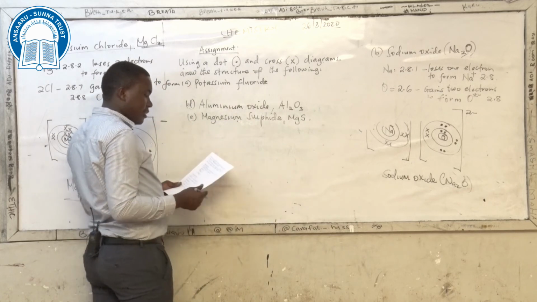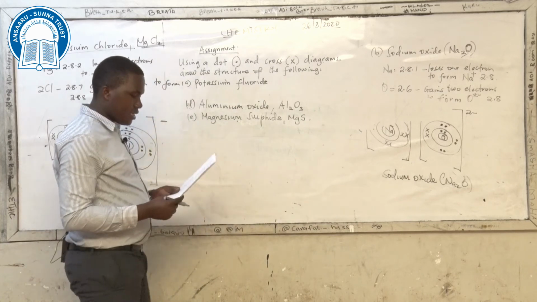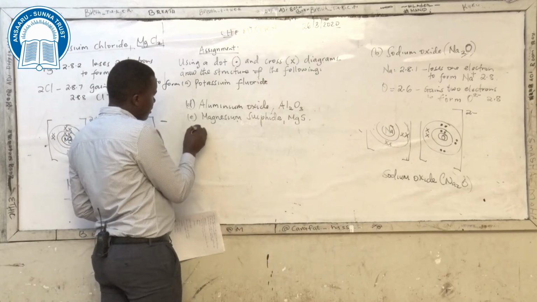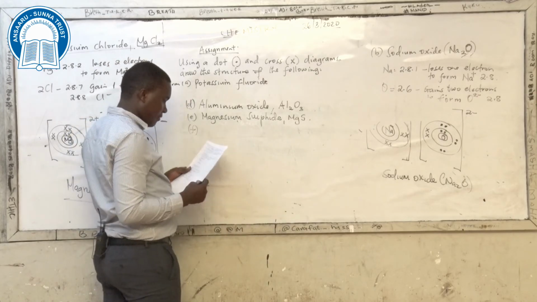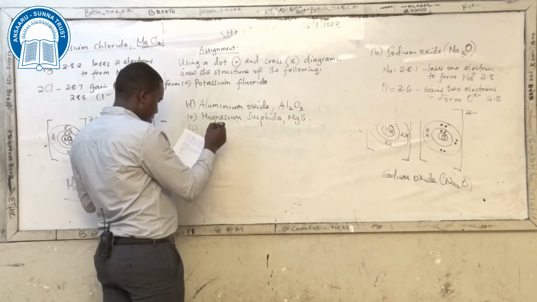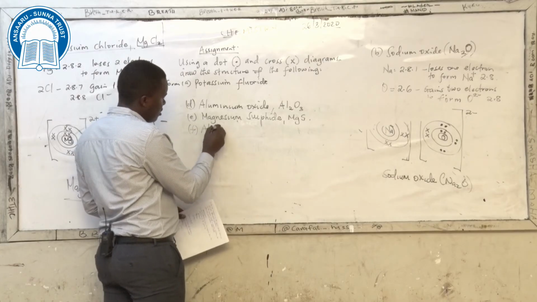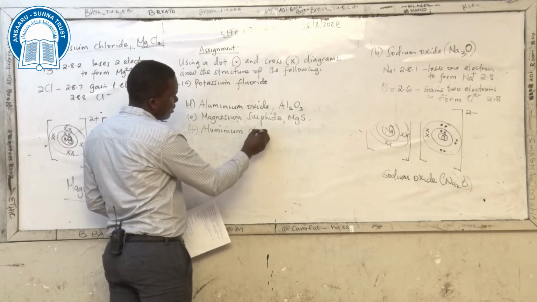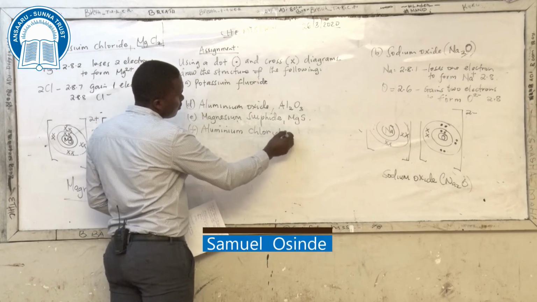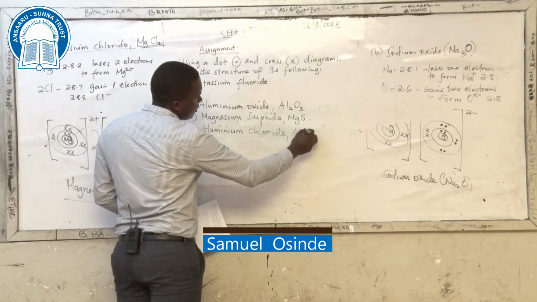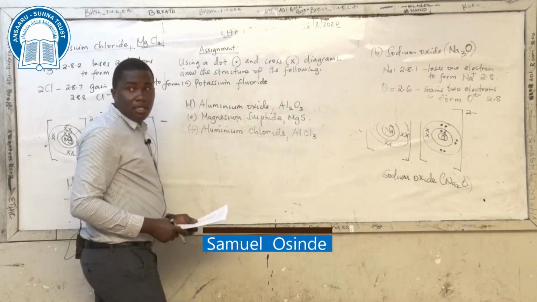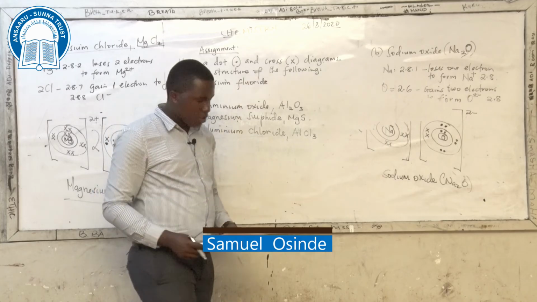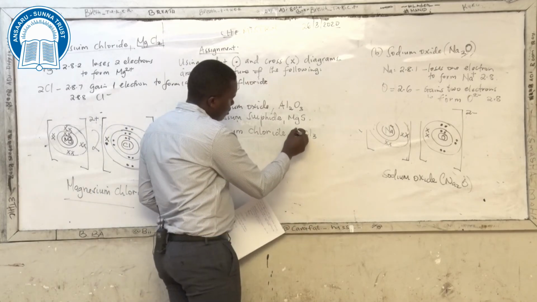So you need 1 magnesium atom and 1 sulfur atom. Then lastly, aluminum chloride, that is AlCl3. So again, this one requires 1 aluminum and 3 chlorine atoms.